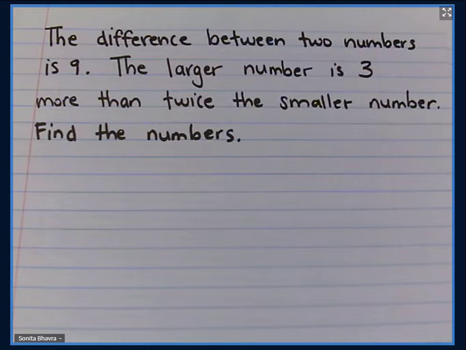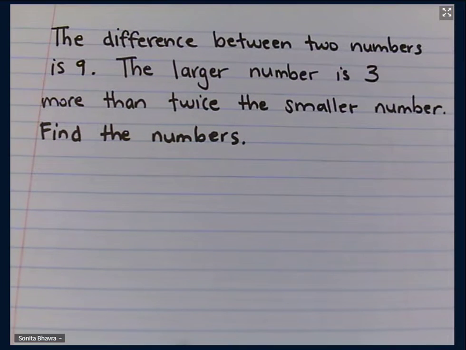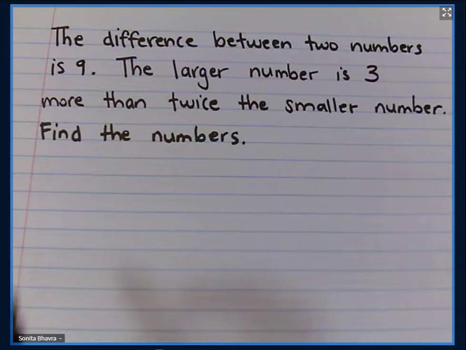All right, so our first example we have here is the difference between two numbers is 9. The larger number is 3 more than twice the smaller number. Find the numbers. So the first thing we're going to do is introduce variables to represent the unknown variables. So select the variables you're going to use.